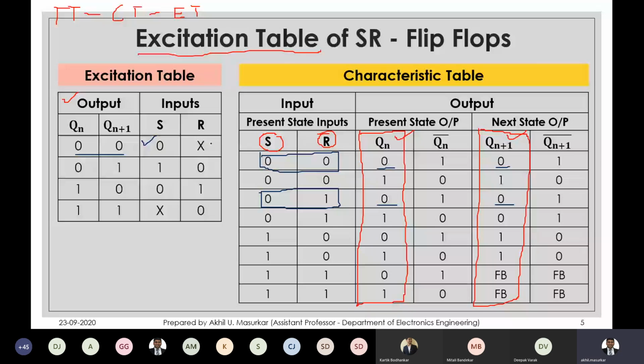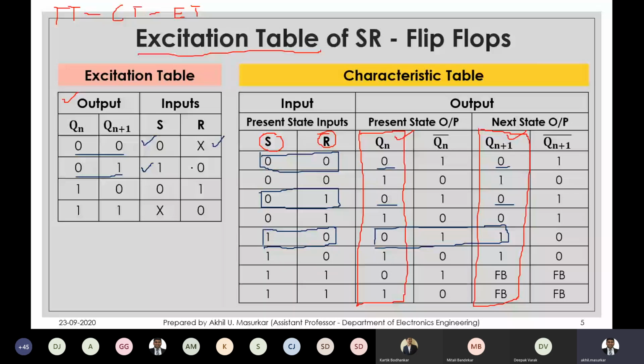Now, if Qn and Qn plus 1 are 0, 1, let us identify where 0, 1 is. Yes, we have 0, 1 here, and that's it, just one. For the 0, 1 condition, S and R are 1, 0.